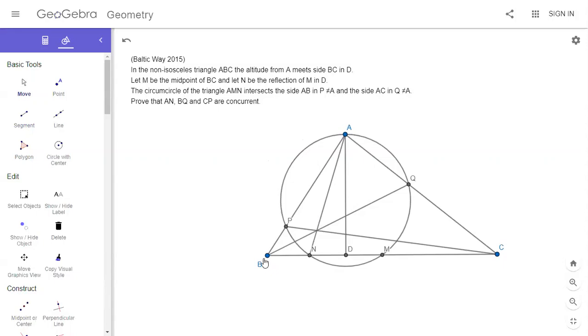So yeah, I feel like Ceva feels like the most obvious idea. Let's see. So we have BP times AB is BN times BM. Let me write out some algebra here on my paper. We have CQ times CA is CN times BC over 2.